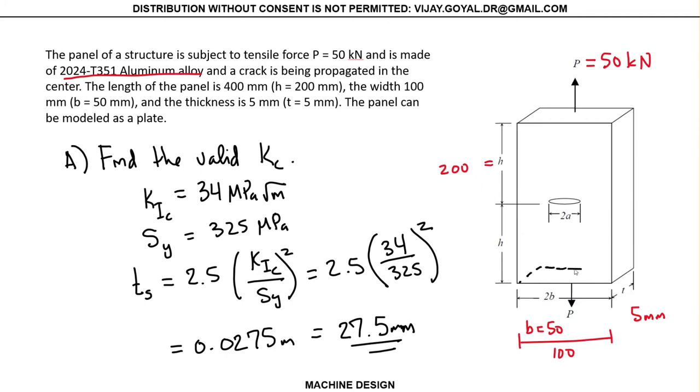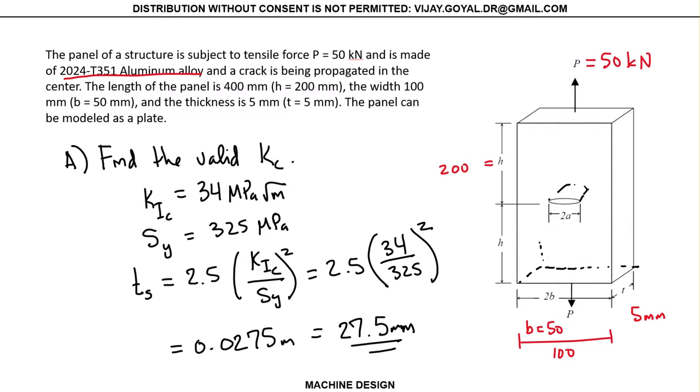So if I go back to my problem, you see this one has a crack all the way through. Just remember, it's all the way through crack. So I am saying what happens if I have no crack. So my total area without the crack would be 2 times B times T.